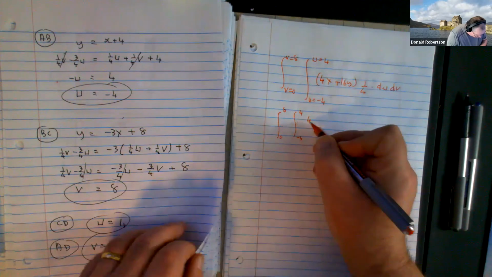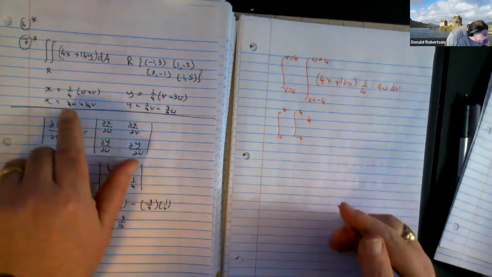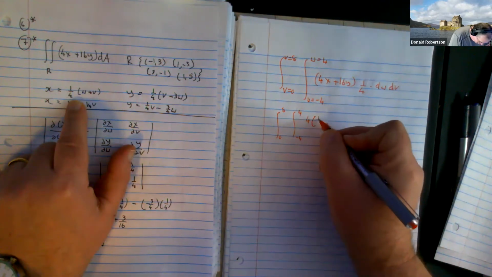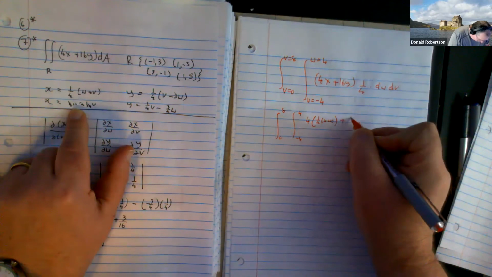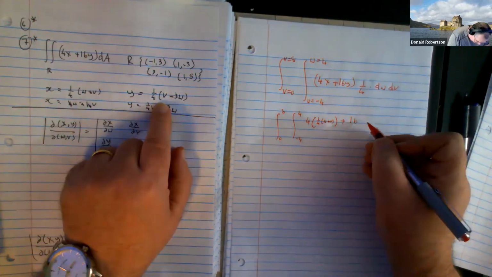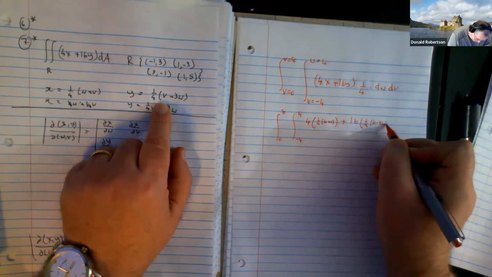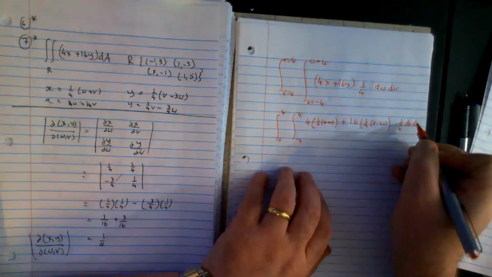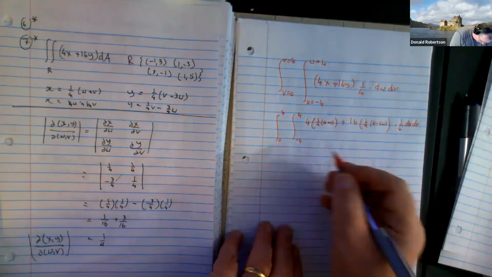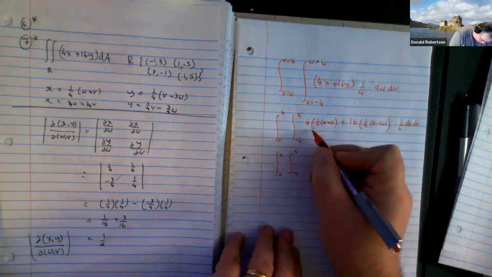So it's going to be 4 lots of x, so 4 lots of this guy, add 16 lots of this guy. Why don't we just distribute that 1/4 through the 4x plus 16y before we do all that? I'm going to do that right now. In which case, what do I get?